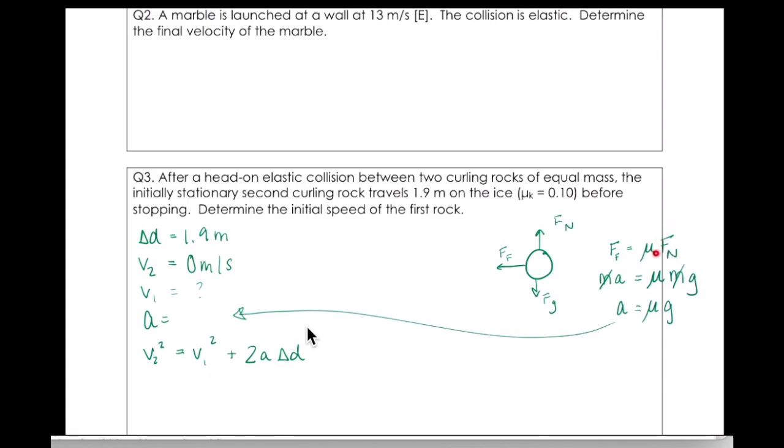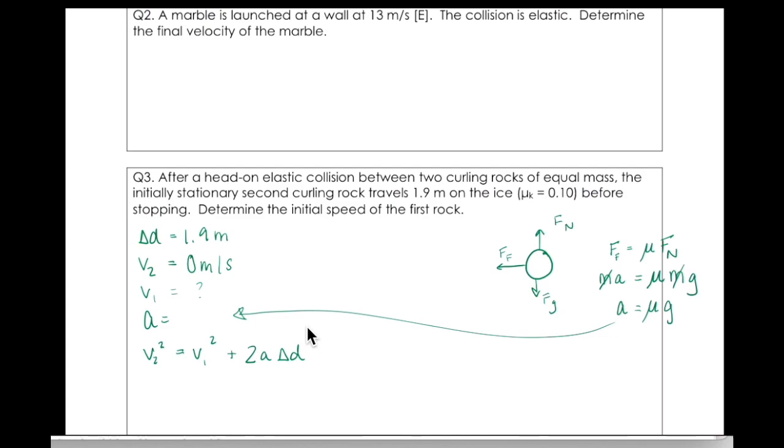The normal force is mass times gravity, so we have mu times mass times gravity. And the force of friction, like all force, is mass times acceleration. The masses cancel, so I'm left with acceleration equal to mu times gravity.